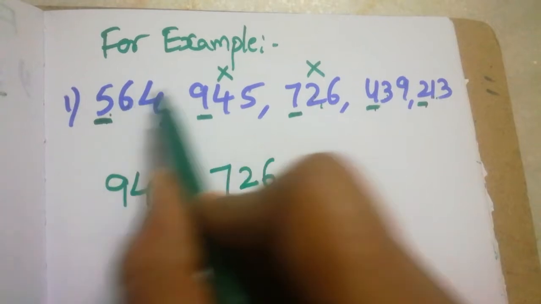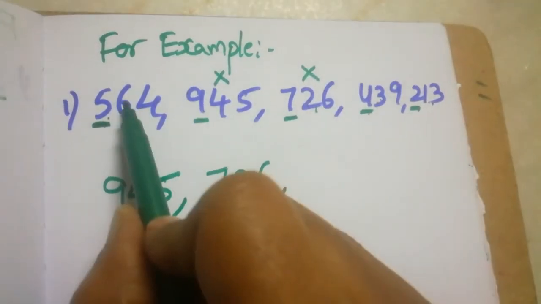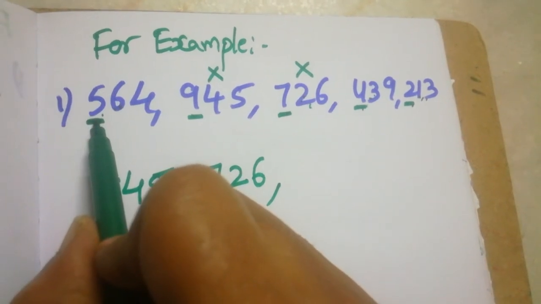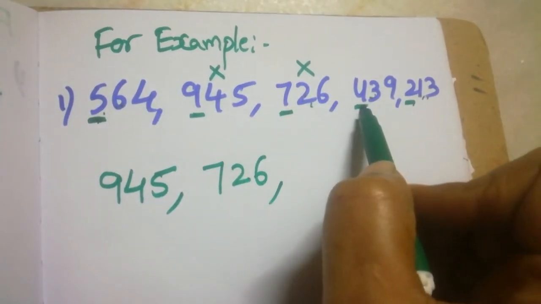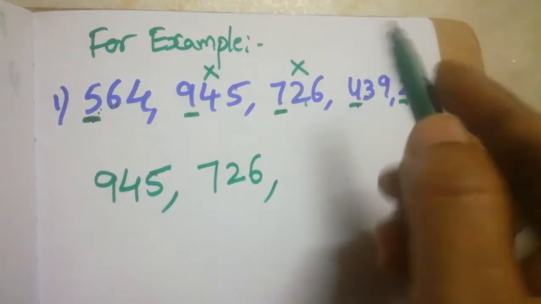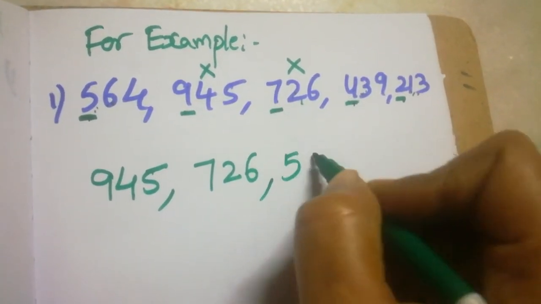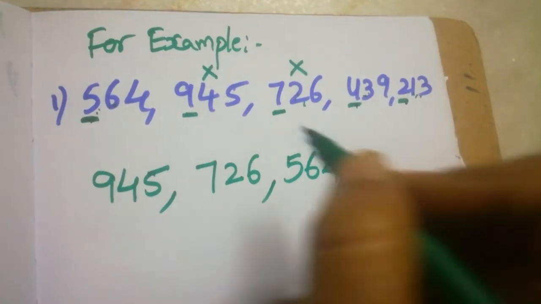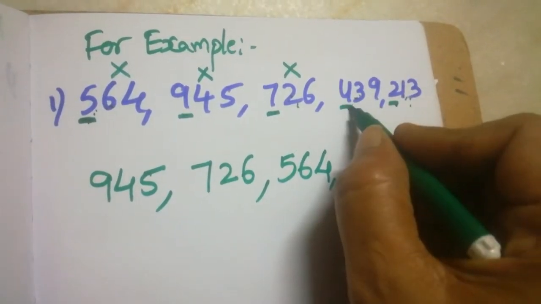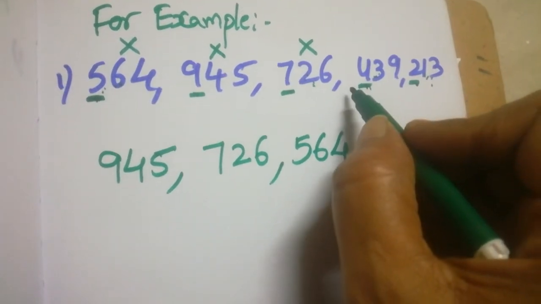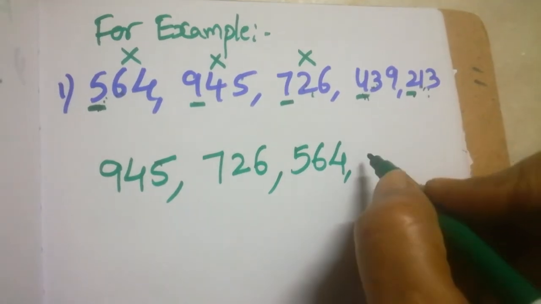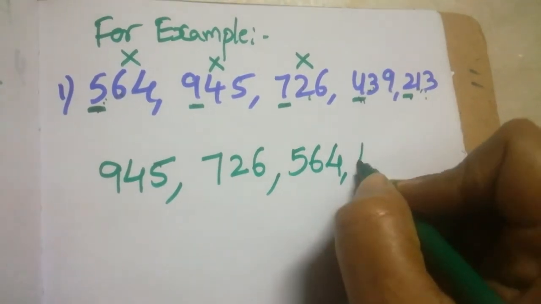Next we have 3 numbers to compare. If you compare these 3 numbers, we have 5, 4 and 2 in the hundreds place. So which is the biggest one? 5. So 564 you have to write next. Now next you have to compare next 2 numbers. If you compare next 2, we have 4 and we have 2. So which one is biggest or greatest number? 4.